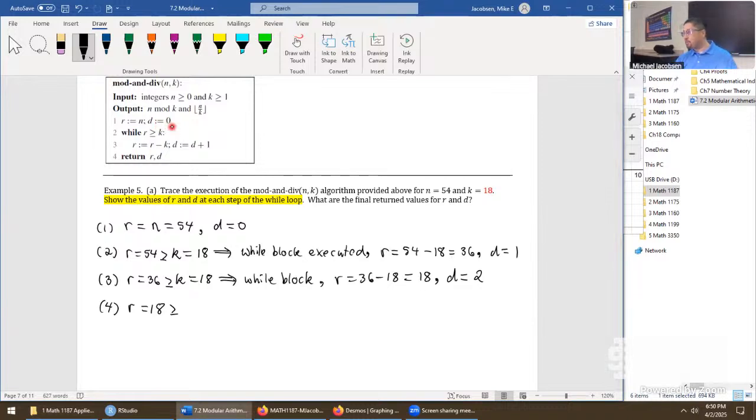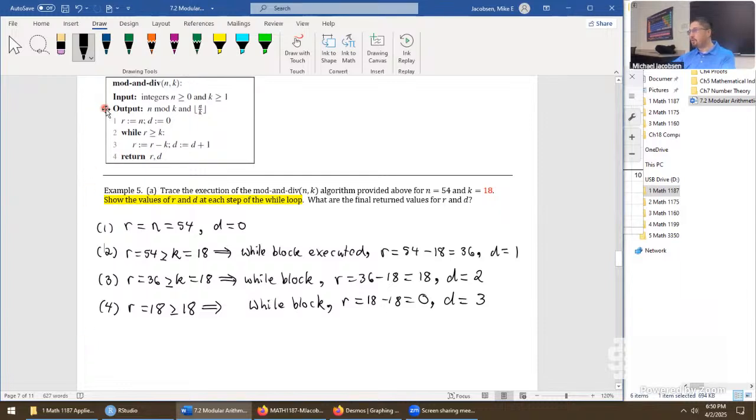Well, R is greater than or equal to 18. That does pass. 18 is equal to 18, so it qualifies as greater than or equal to 18. Gets it stuck back in the while loop. R is changed. It's now 18 minus your value of k, 18 minus 18, set to 0. And D is now set to 3.